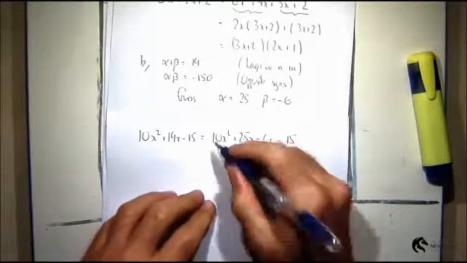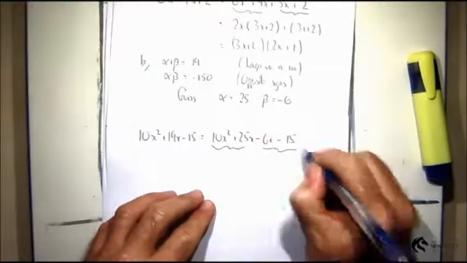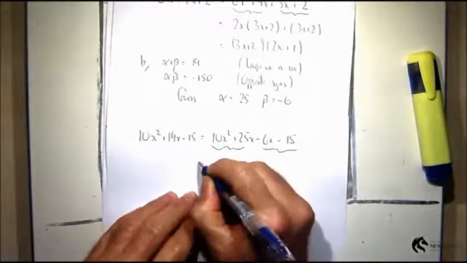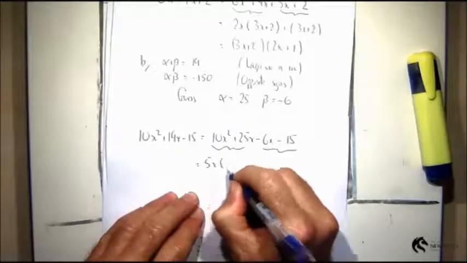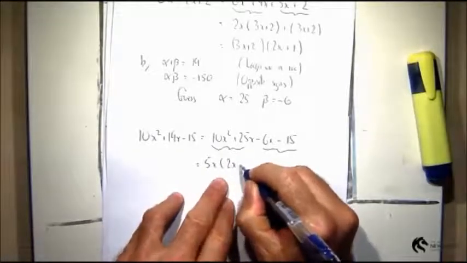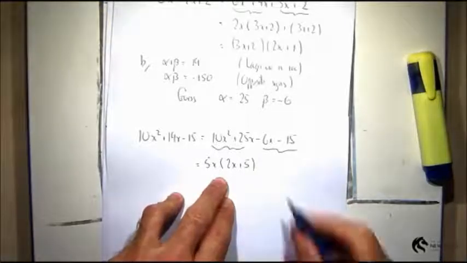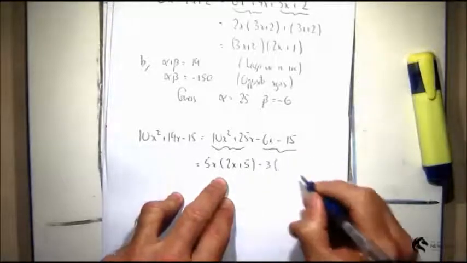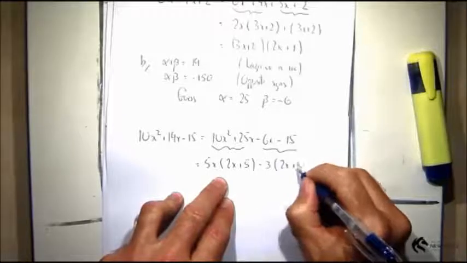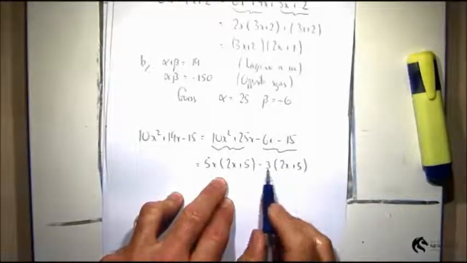And then I'll look for a common factor here and here. Here I can see 5x, and this will be 2x plus 5. Here I'm going to see minus 3, and that will give me 2x plus 5.